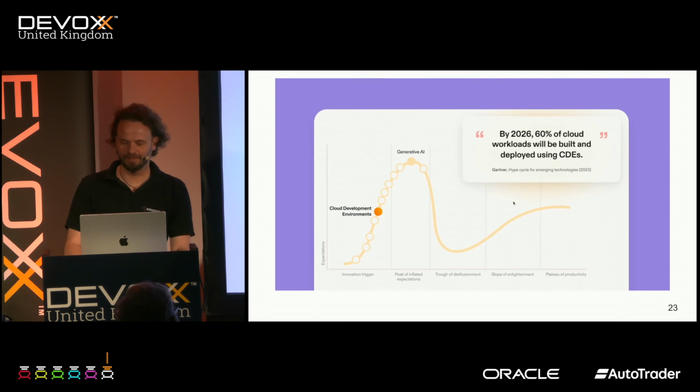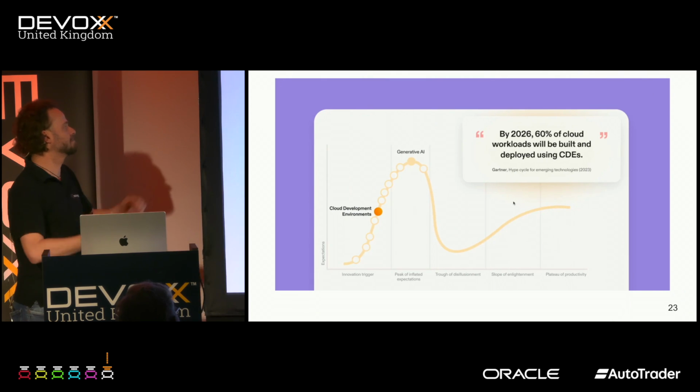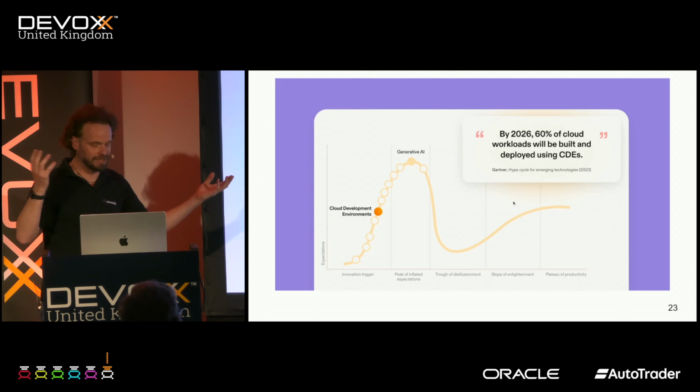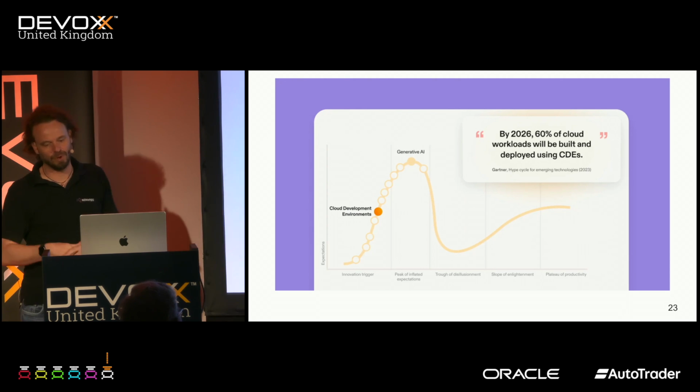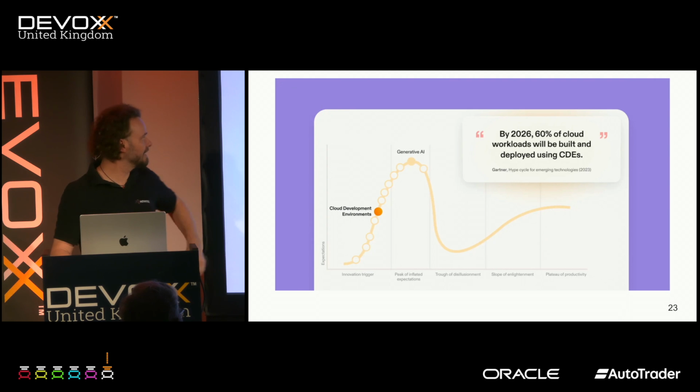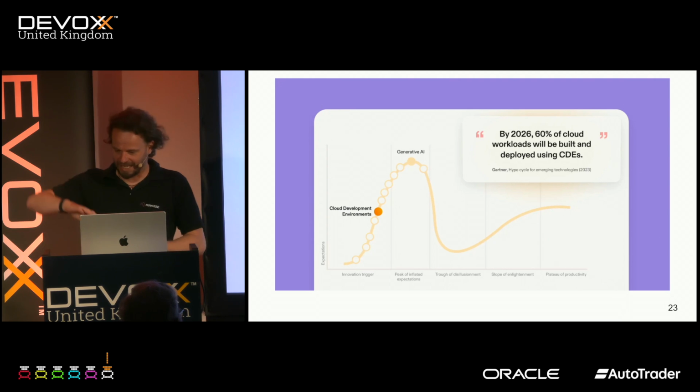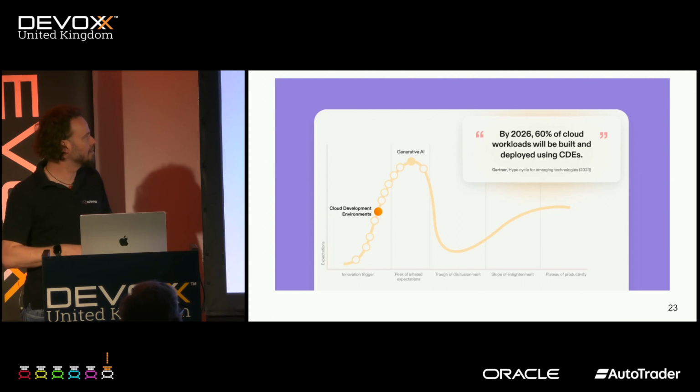Now going back here, so they predict that, and of course they have to predict because that's their business, that this is on the rise at the moment and potentially tying in with generative AI. It hasn't reached a peak level yet, but it's continuously picking up.